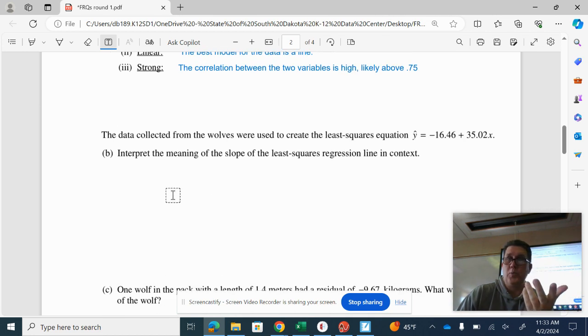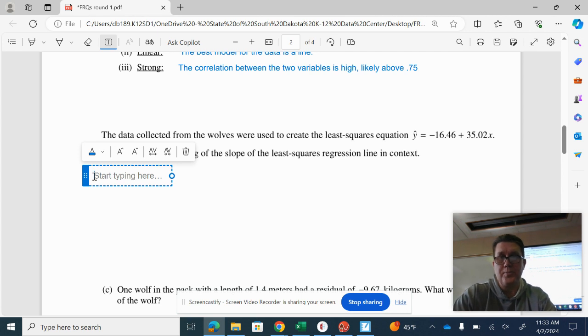The data collected from the wolves created a least squares regression line of negative 16.46 plus 35.02. Interpret the slope. So the slope is the 35.02. Remember, you can always take the slope and put it over 1. One of the things, I remind students, it's always y over x.